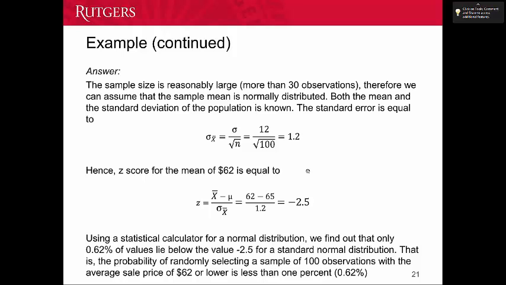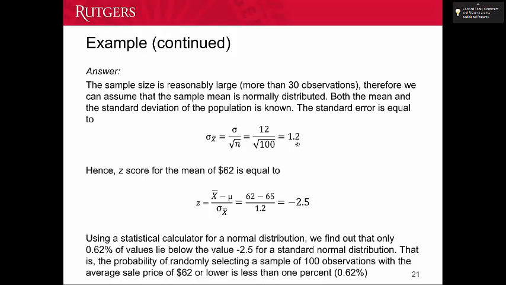The sample size is reasonably large, so we can assume that the sample mean is normally distributed. Both the mean and the standard deviation of the population are known. As we just mentioned, the standard error can be calculated by using this formula.